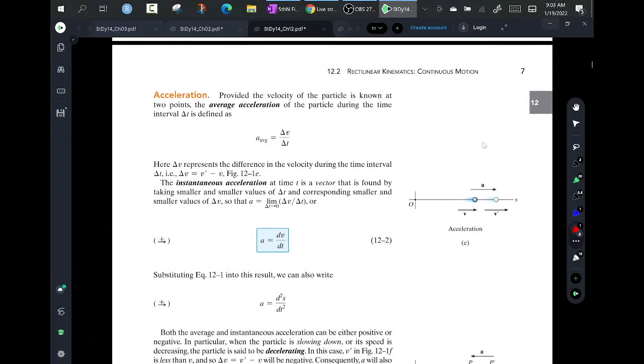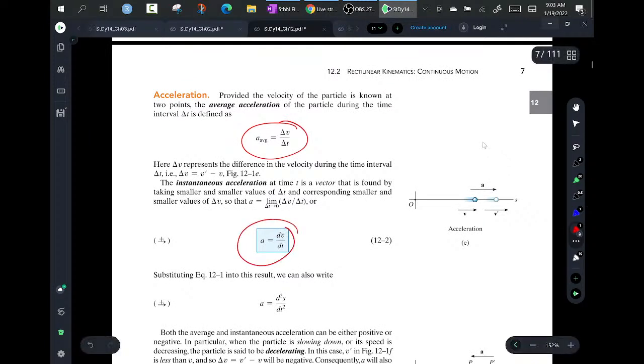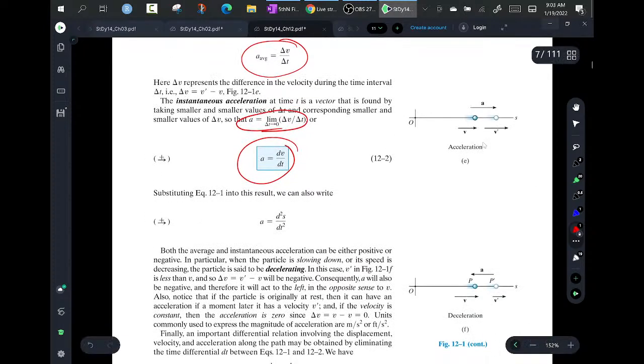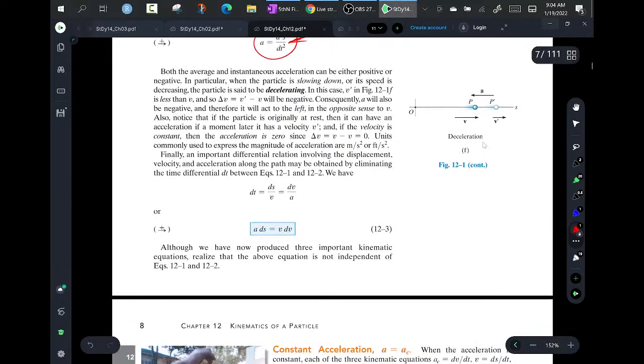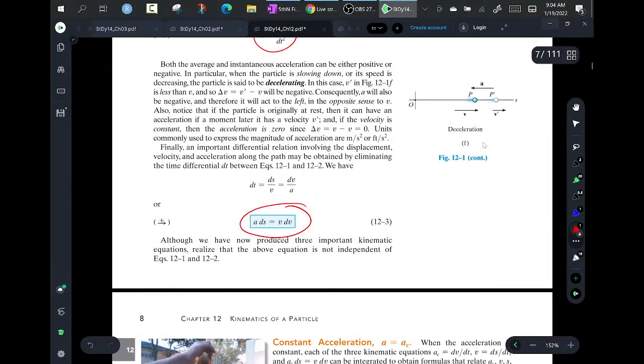Same thing could be said about average acceleration, and again goes in and takes the limit, and you get the secondary relationship, or primary, depending on the way you look at it. The second derivative of the position with respect to time is the acceleration. This was the oddball. The reason it was oddball is your perspective.